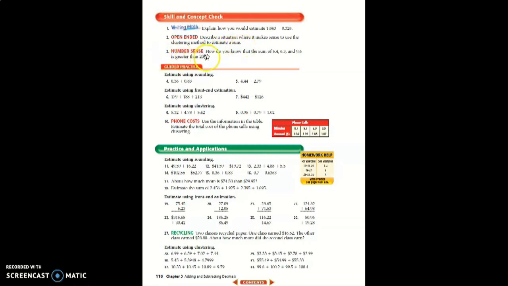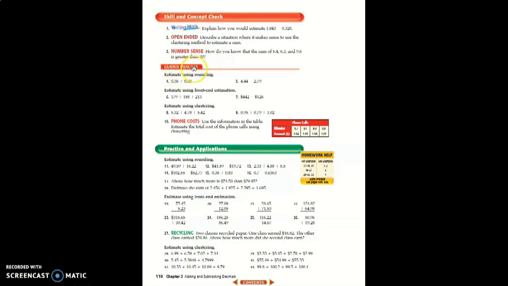Number sense. How do you know the sum of 5.4, 3.63 and 9.6 is greater than 20?